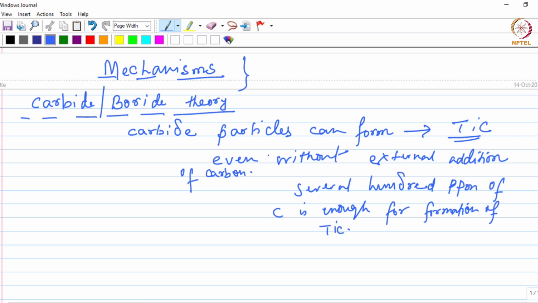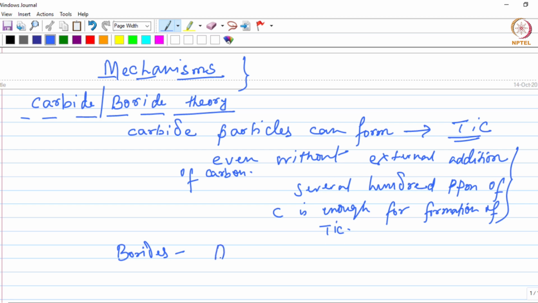Right, so even without external addition of carbon, these TiC particles can form, and they will act as the heterogeneous nucleation surface. And if you have boron, then of course you will have the boride particles forming in the melt.